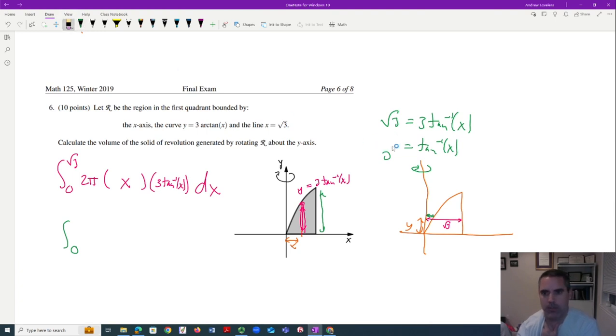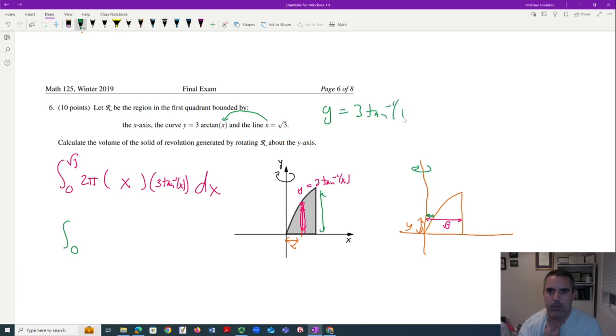Let me fix my error there. I apologize. This is x, so I got to plug it in for x. Y is equal to 3 arctangent of root 3. So you have to think about when is sine over cosine equal to root 3. And that's when sine is root 3 over 2 and cosine is a half. So that's pi over 3.